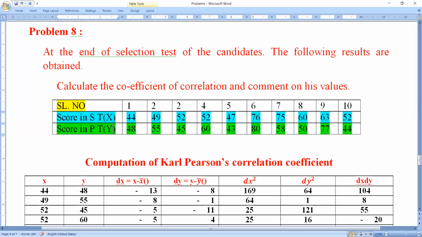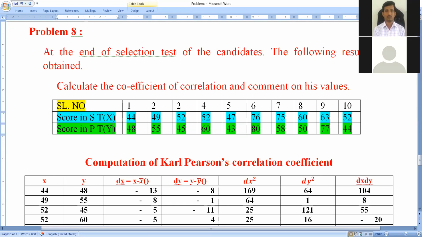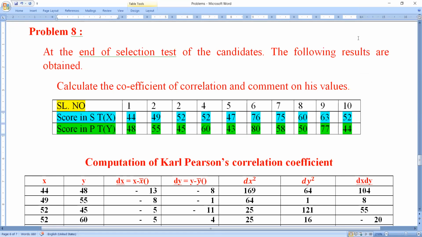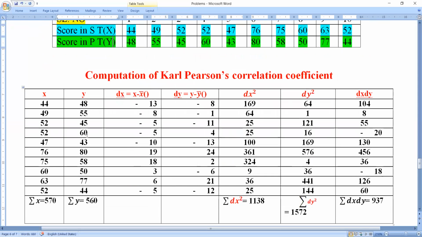When we come to the Y series, the values are 48, 55, 45, 60, 43, 80, 58, 50, 77, 44. So both have 10 values. Next we move to the solution.